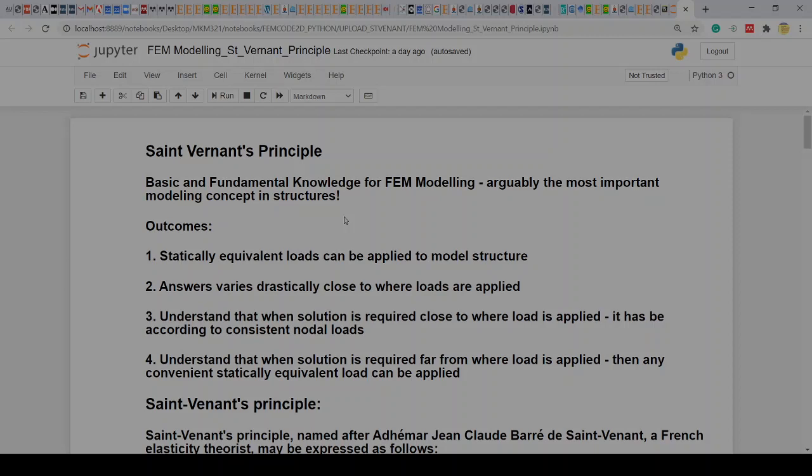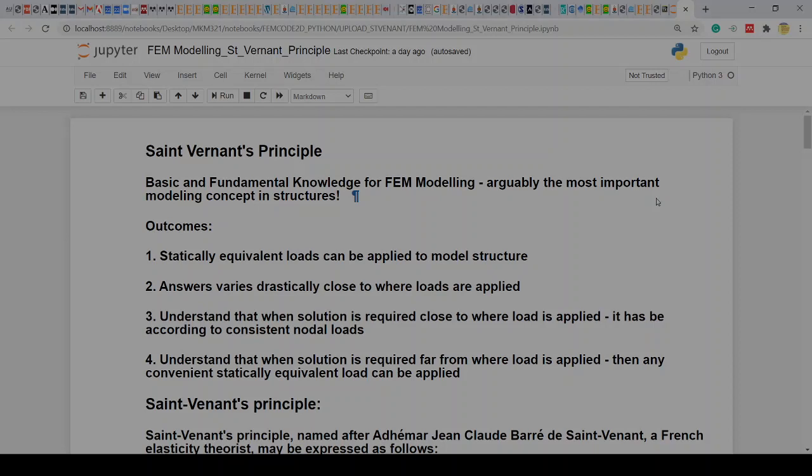And the reality is, when we want to model, let's say, a uniform beam, we apply load, we want to pull it. If we're interested in the answer close by to where we model the load, then it's important to model that loading with as much detail as we can, so that the answer is representative of the actual answer close by to where the loading is applied.